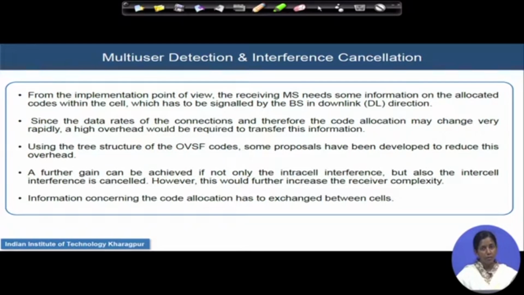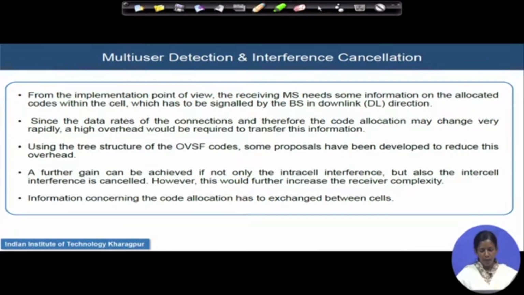But if we think of a tree OVSF structure, some proposals can be developed where, with minimal information given to the mobile station, and having the information that the OVSF tree structure is used to provide the codes to the neighbors, he can actually make out what other codes are already allotted to the neighbors.